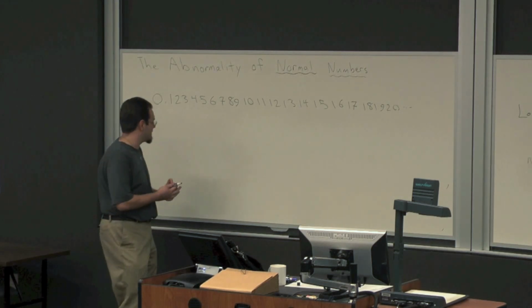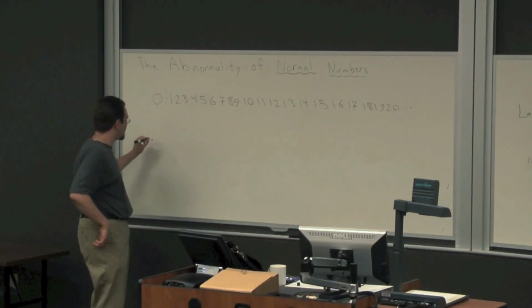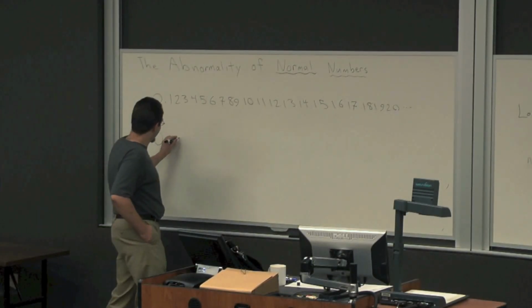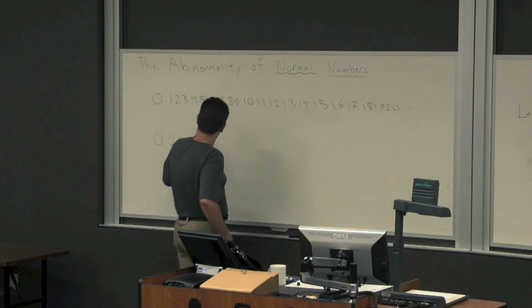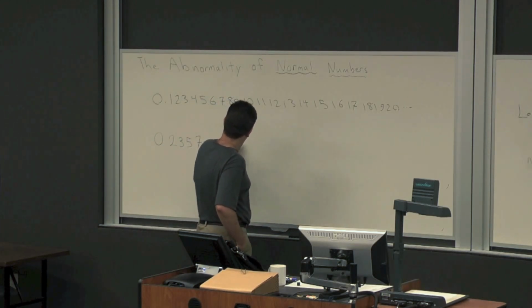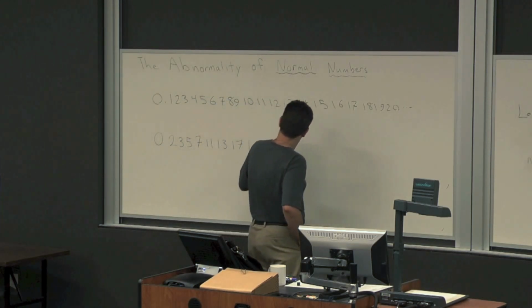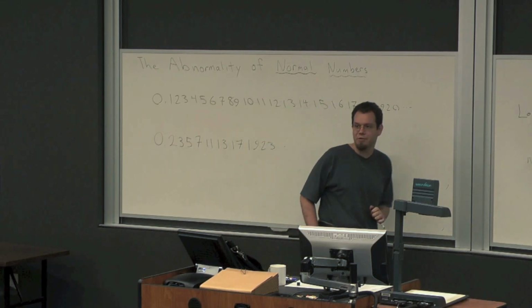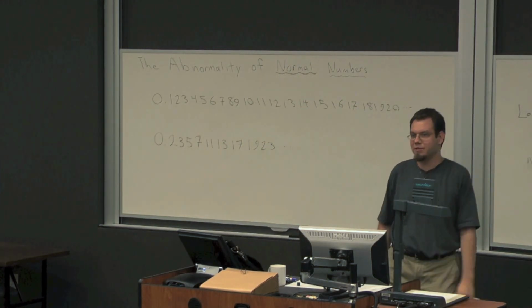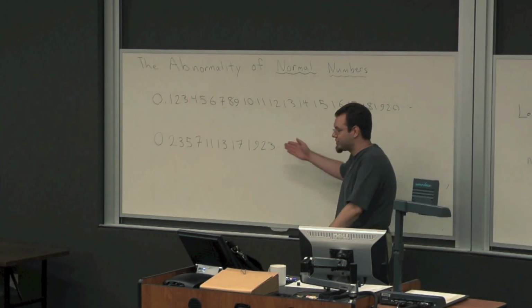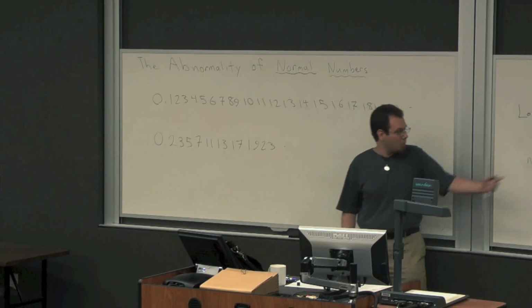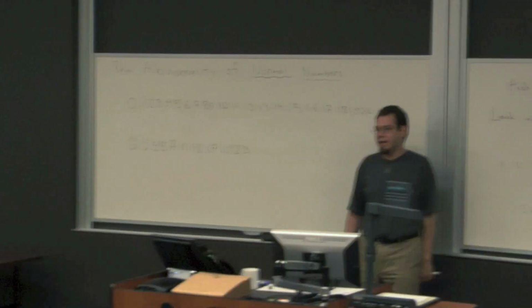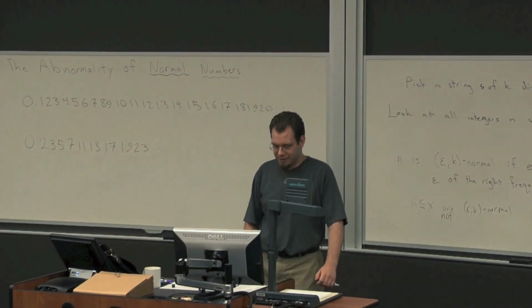They're very infrequent. But as it turns out, they're dense enough to satisfy that condition. And so this number here turns out to be normal. Because, again, you're just hitting so many numbers, and most of them are going to be epsilon-k normal. And that turns out to be enough to do it.